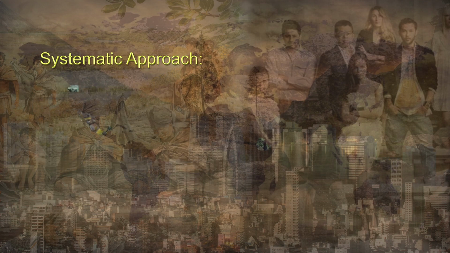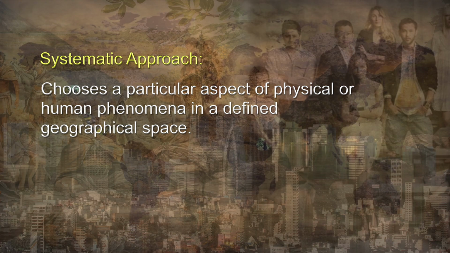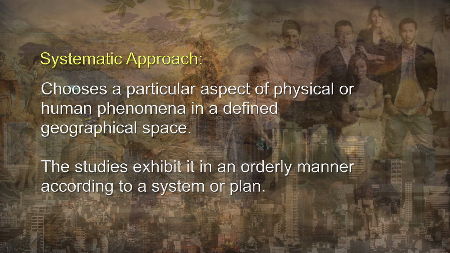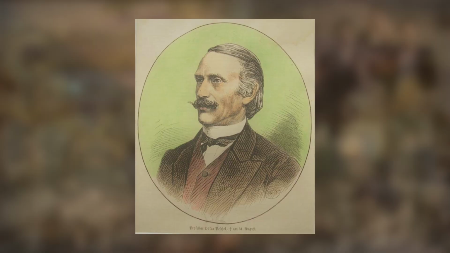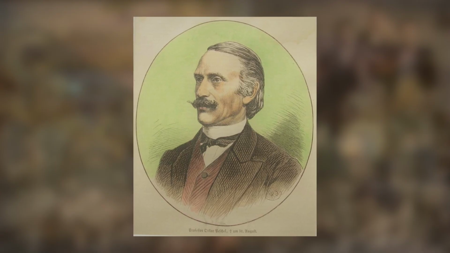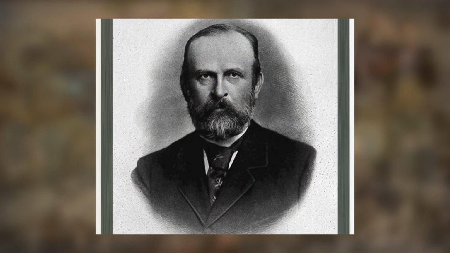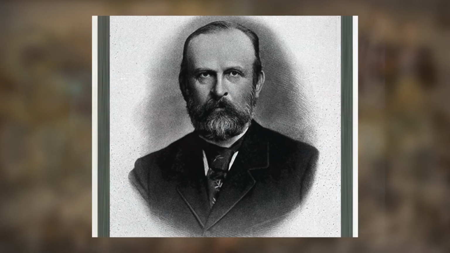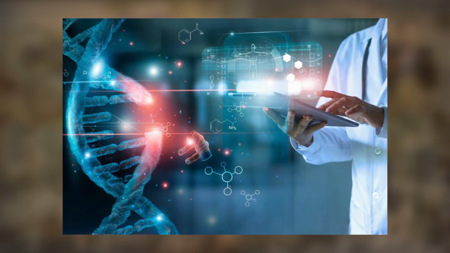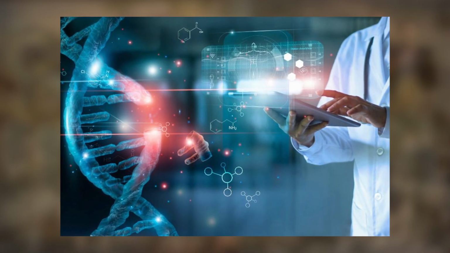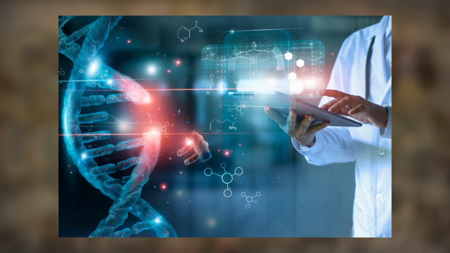The systematic approach chooses a particular aspect of physical or human phenomena in a defined geographical space. The studies exhibit it in an orderly manner according to a system or plan. As per Humboldt, a German scholar, started the movement, carried on by Ferdinand Richthofen, favoring the application of the genetic approach to deal with the man-nature relationship.